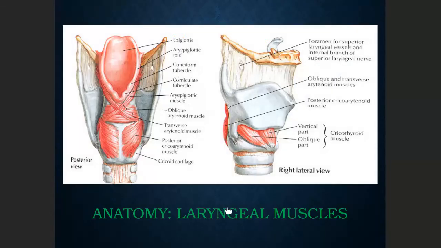Here you have the muscles. From its name, posterior cricoarytenoid is posterior, lateral cricoarytenoid is lateral. And here you have the posterior cricoarytenoid and transverse arytenoid muscles.